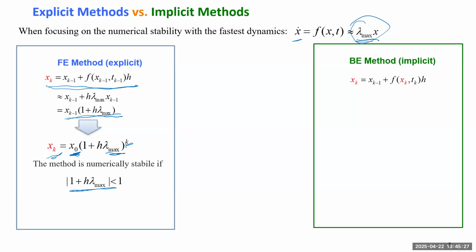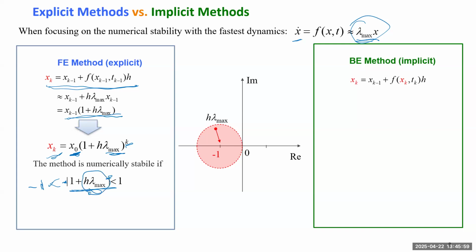So we have to solve this inequality. We take the absolute value, which means this is either less than 1 or bigger than -1. And you solve this. Here we can also assume the system itself is stable, so we don't want the stability of the system to be mixed up with numerical stability. Let's assume that lambda has a negative real part, so it is on the left-hand side of the imaginary axis, which means this complex number is on the left-hand side.